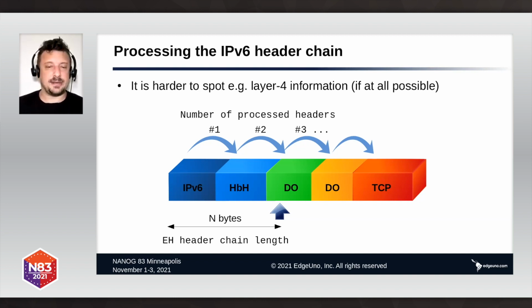So there is an implicit trade-off on how many bytes you are going to copy into that fast memory. In real router implementations, you can find values such as 64, 128, or 256 bytes, meaning that all of these devices imply that all the information you might need to process a packet, that means the whole IPv6 header chain, is going to be within those first 64, 128, or 256 bytes.